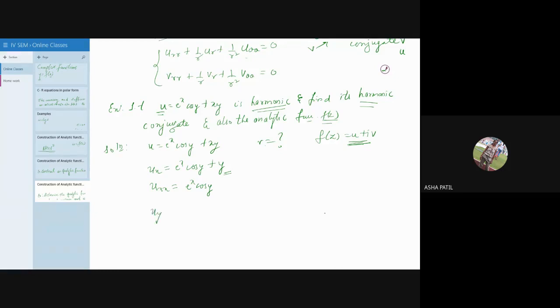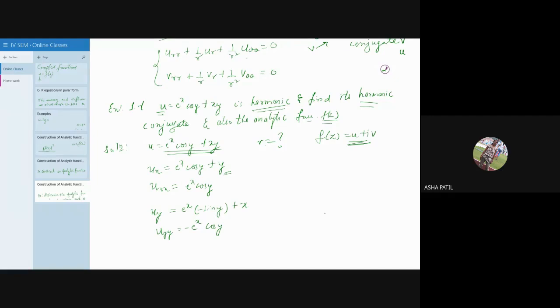Now, let us differentiate u with respect to y partially. E power x is held constant, derivative of cos y is minus sin y, plus derivative of x into y with respect to y: x is held constant, derivative of y is 1. Now, what is uyy? Minus e power x is held constant, derivative of sin y is cos y.